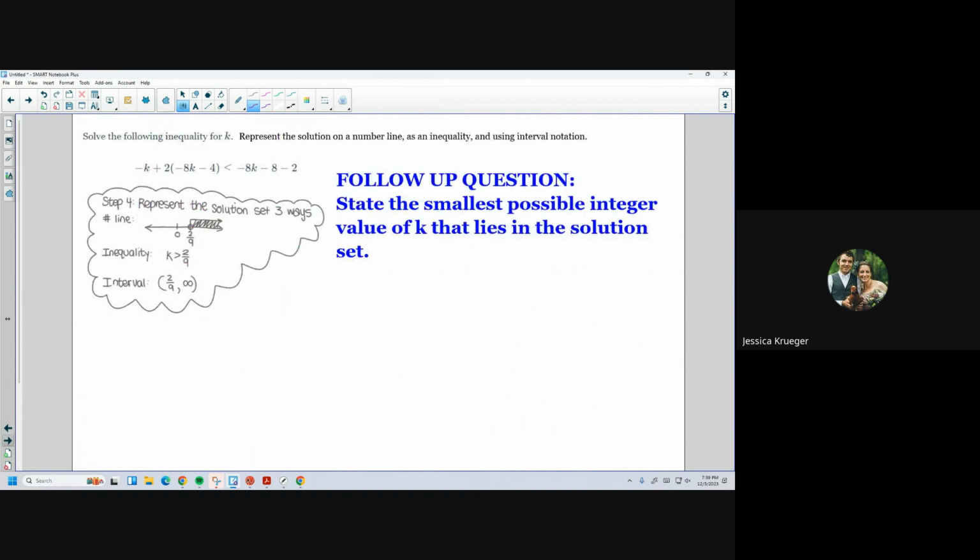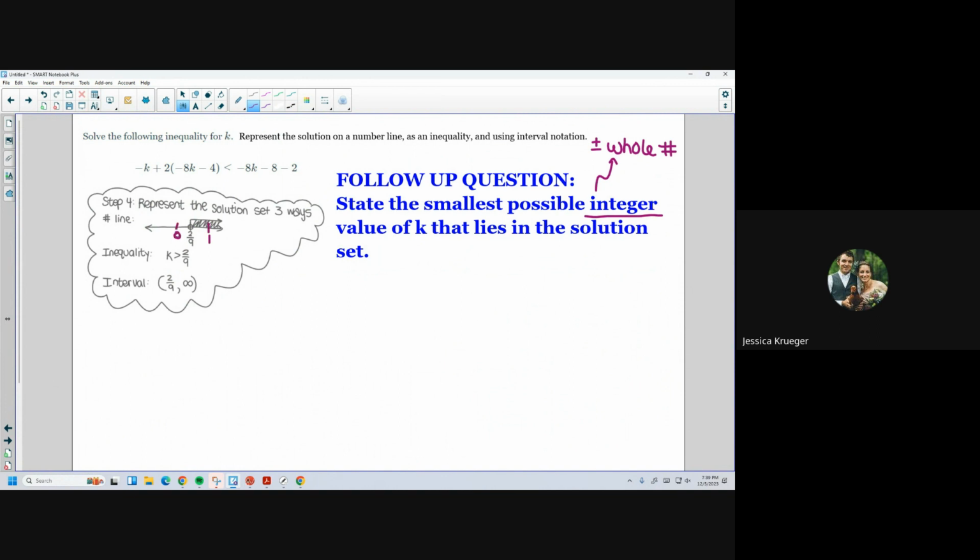Now, here's a follow-up question. This was the example we just did, and here's our solution. If I asked you to state the smallest possible integer value of k that is in the solution set, what would it be? First thing we need to know is that an integer is a positive or negative whole number. If I look at the integers that 2/9 is between, it's between 0 and 1.